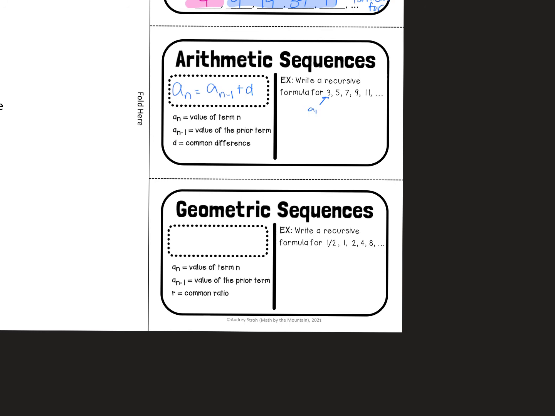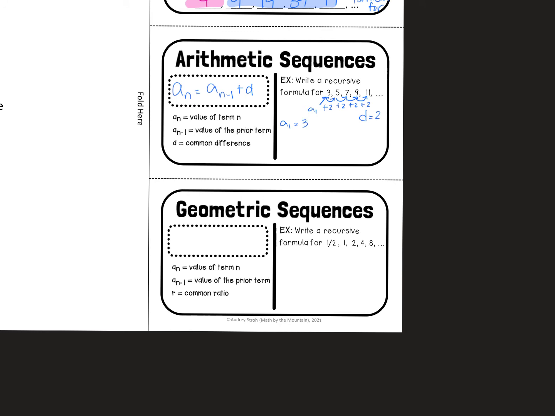And then I want to look to see what is happening between all of these values. And it looks as though we're increasing by 2. So just adding 2 to each one to get to that next part. And that's going to be the d of the equation, the 2. So I would have a1 is equal to 3.